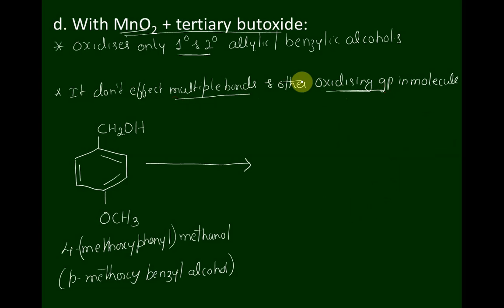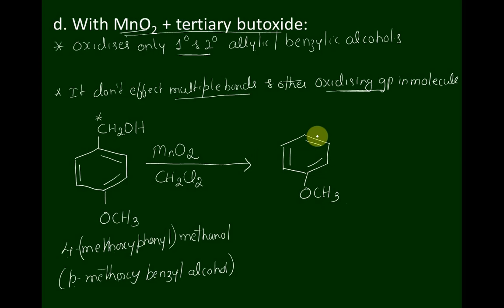For example, I have this one, 4-methoxyphenyl methanol or para-methoxybenzyl alcohol. So this is the benzyl carbon atom. This is one oxidizable group and these are all multiple bonds. When treated with this oxidizing agent in the presence of a suitable solvent like dichloromethane, which group gets oxidized? Only the benzylic or allylic group gets oxidized. The remaining groups remain the same.